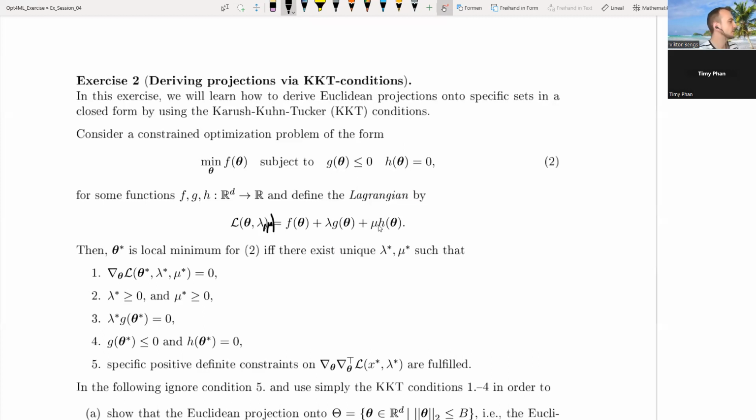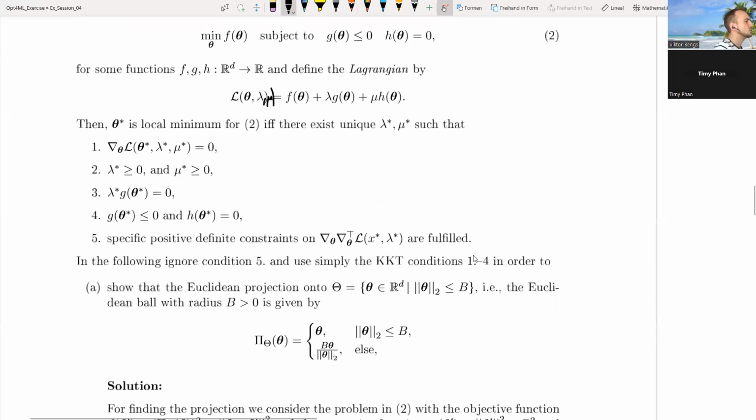But here we only consider the case where we have only the 2. In part B of this exercise, we will also look at the case where we have multiple h functions of that kind.